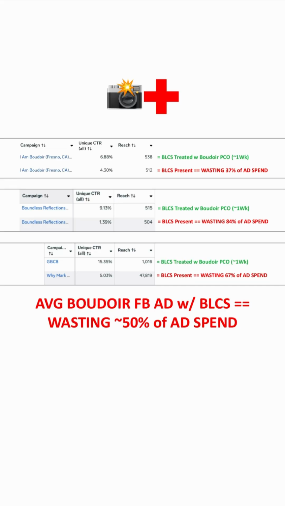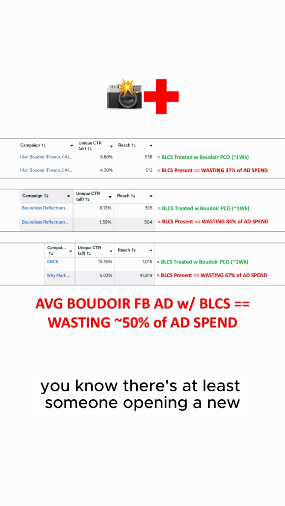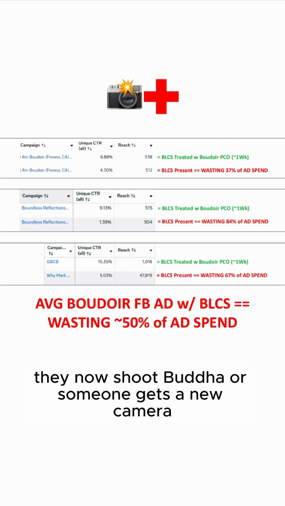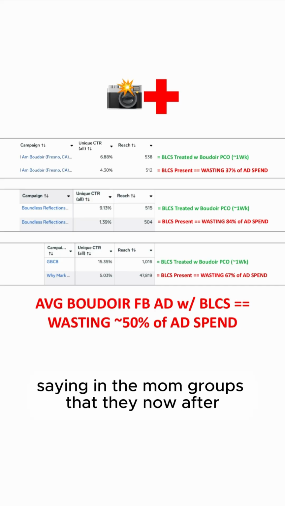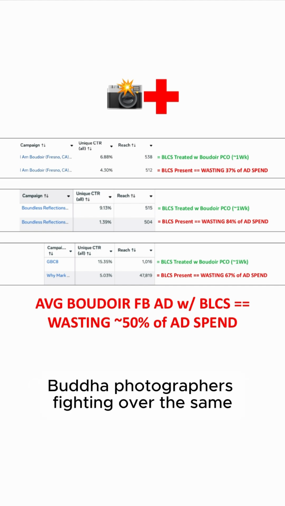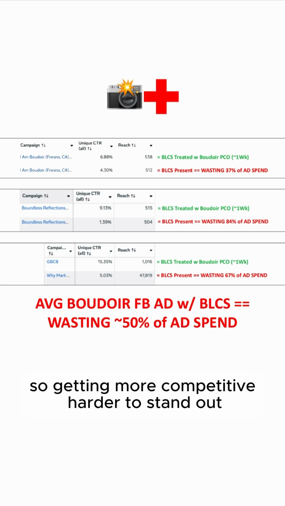Like every time someone gets a new iPhone, there's at least someone opening a new Google Maps profile saying they now shoot boudoir, or someone gets a new camera and then is saying in the mom groups that they offer boudoir shoots. So you see more and more boudoir photographers fighting over the same number of potential buyers. So again, more competitive, harder to stand out.